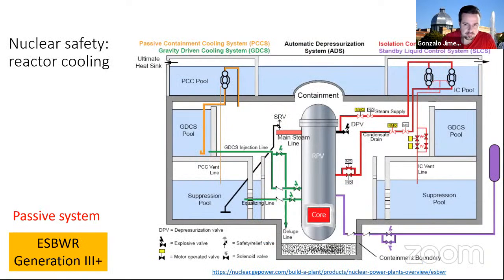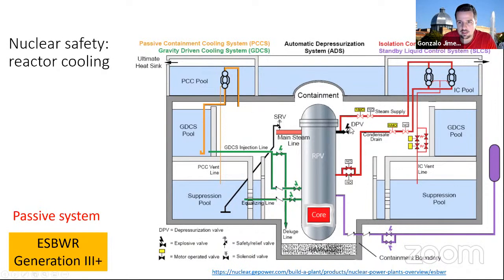If we go to the boiling water reactors, we have a similar approach in the economic simplified boiling water reactor of General Electric, in which we have different suppression pools and tanks in the containment building that can provide water directly to the vessel, like the GDCS pool you have here. We also have pools that can cool down the steam being released in the containment, like this PCC pool that you can see upstairs.